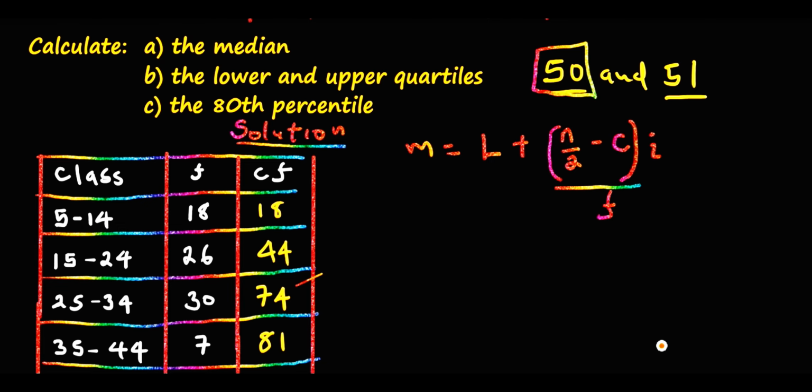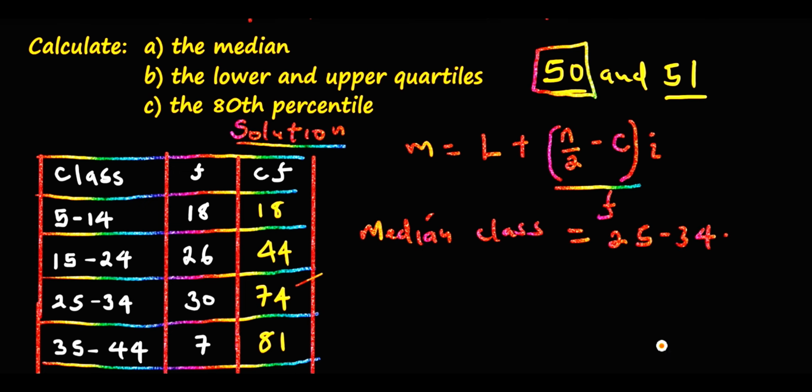So it means 50 and 51 lie in this class, the 25 to 34 class. So we identify what we call the median class. We do this because all of these items here are going to be in reference to that median class. So we have the median class as 25 to 34.